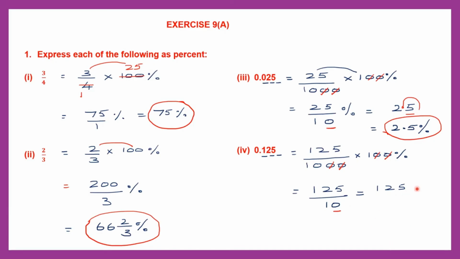So the point will move from the right to the left and come here. So this is 12.5 and I need to put the percentage sign. So I have converted my answer to 12.5%. So what did I have in my question? 0.125. It has now become 12.5%.